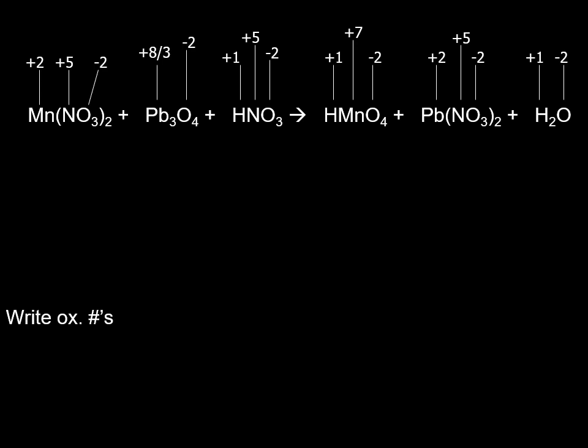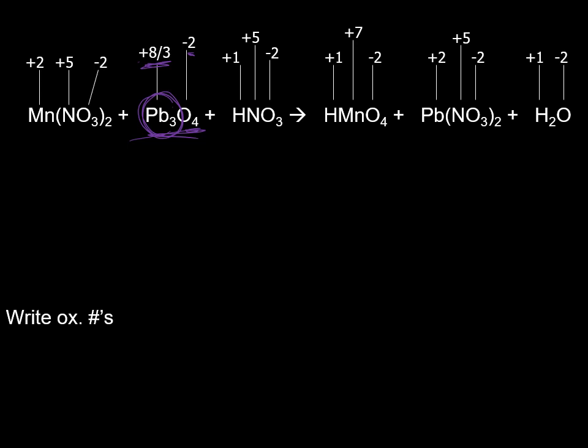And this is where you see, once you're doing your oxidation numbers here with our lead, the only way to get our sum to equal 0, the oxidation number of oxygen is -2, and there's 4 of them, so that is going to be 8, but it's split between 3 leads, and so 8/3 is going to be the oxidation number for that lead.